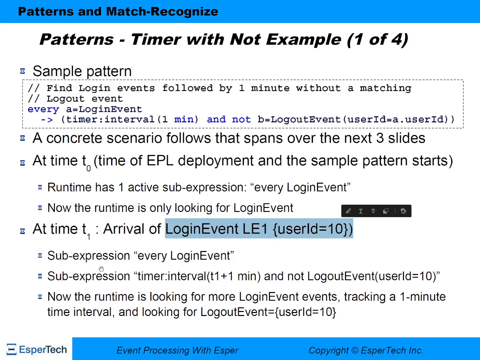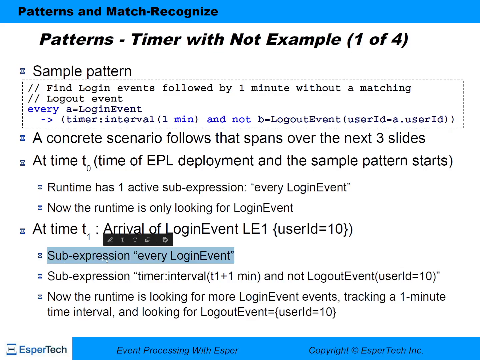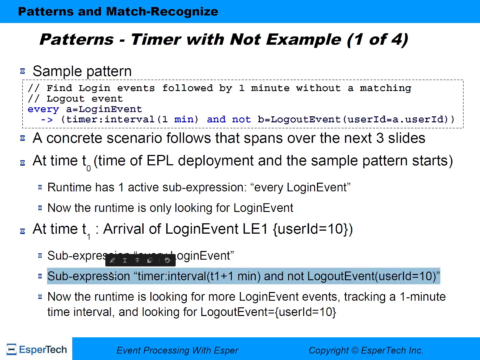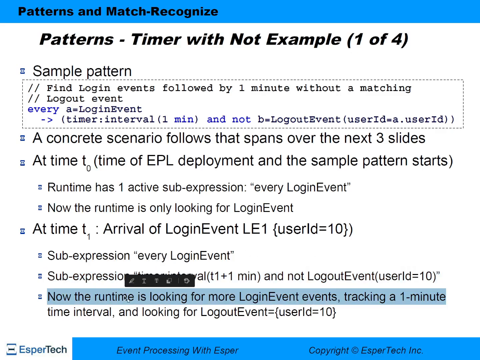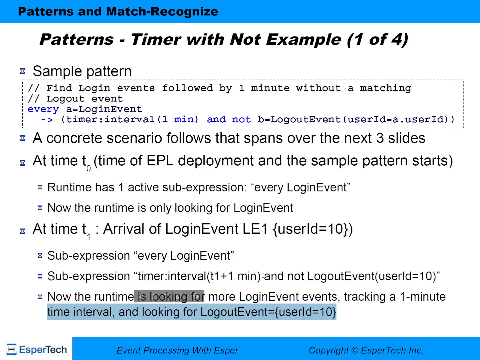After processing this event, the runtime has 2 sub-expressions active: the sub-expression every login event, and the sub-expression timer interval t1 plus 1 minute and not logout event for user 10. Now the runtime is looking for more login events, it is tracking a 1 minute time interval, and it is also looking for a logout event for user 10.